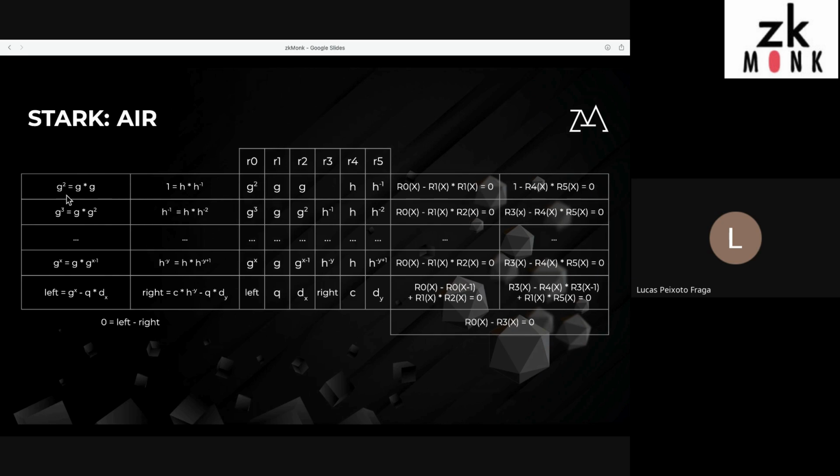So for instance, here we put G squared and G in these 3 polynomials, in these 3 registers. Actually, this one doesn't even need to be here, right? Because when we access it, we just access the value on the first register and the value on the second register.